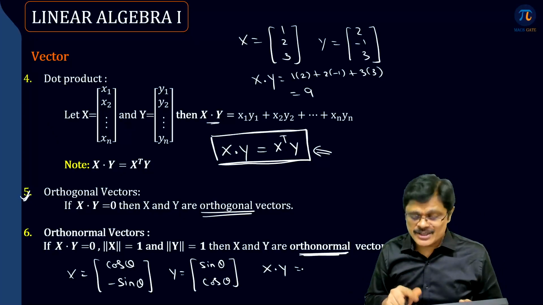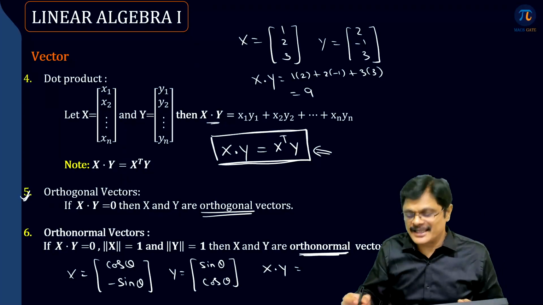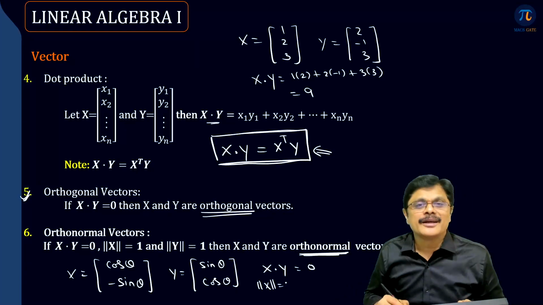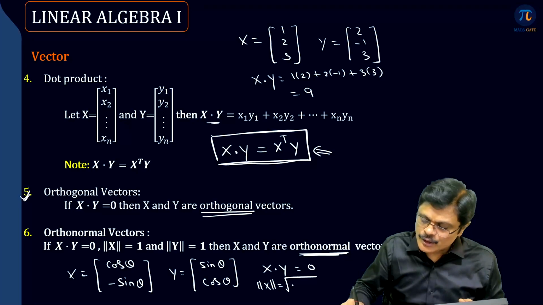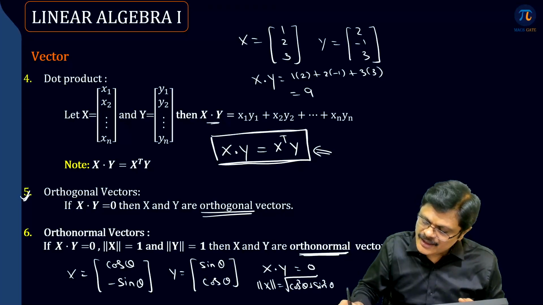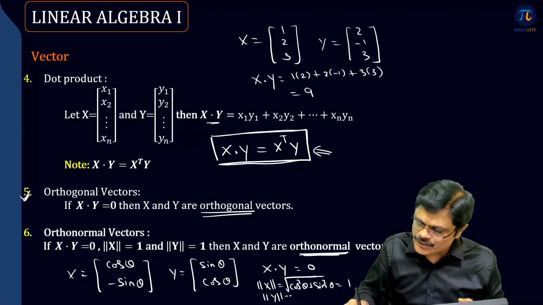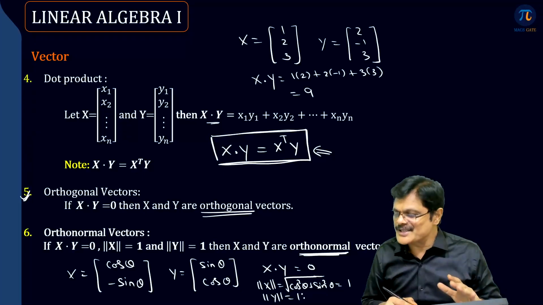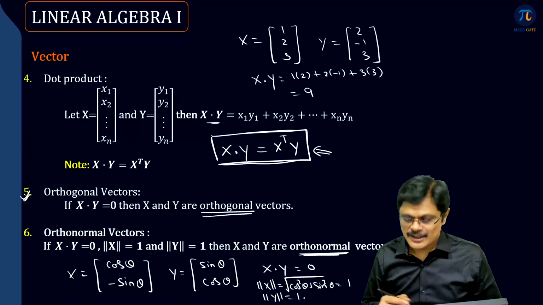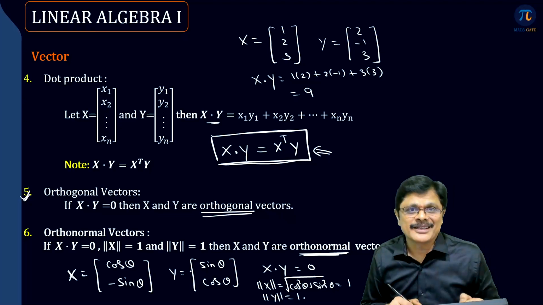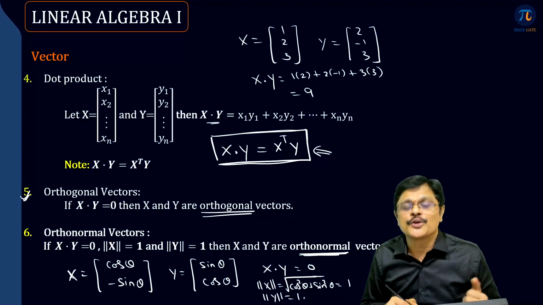The dot product is cos theta sin theta minus sin theta cos theta, which is 0. What is the length of x, my dear? The length of x is the square root of cos square theta plus sin square theta, which is 1. Similarly, the length of y is also 1. So here these two vectors x and y are called orthonormal vectors.